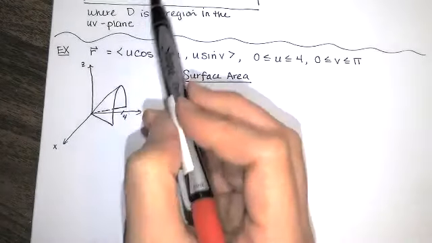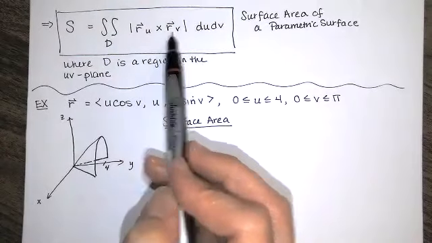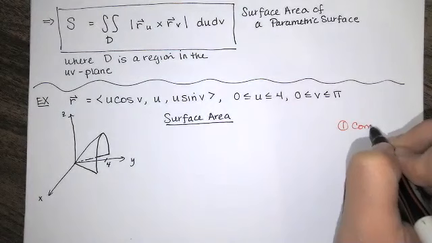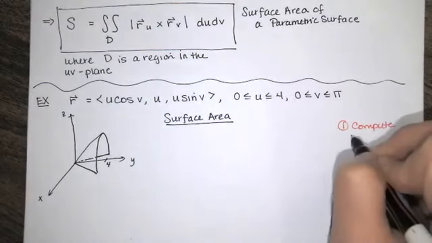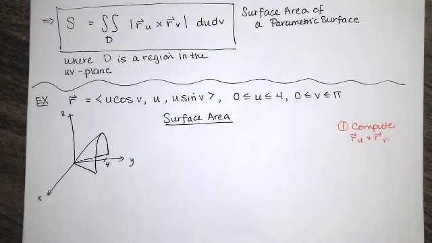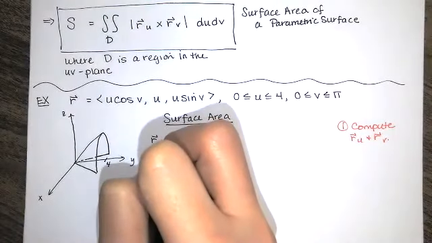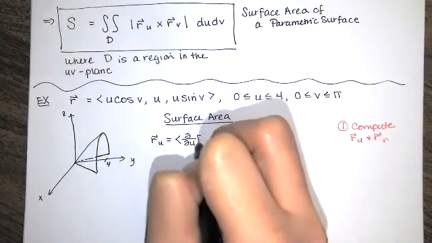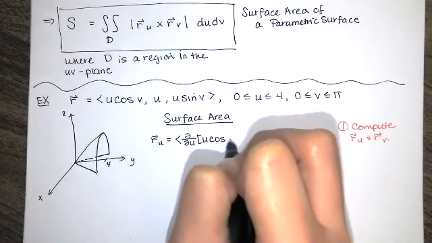The first thing I need to do is compute those two partial derivatives and take their cross product. The partial of r with respect to u comes from taking each of those components and differentiating with respect to u.